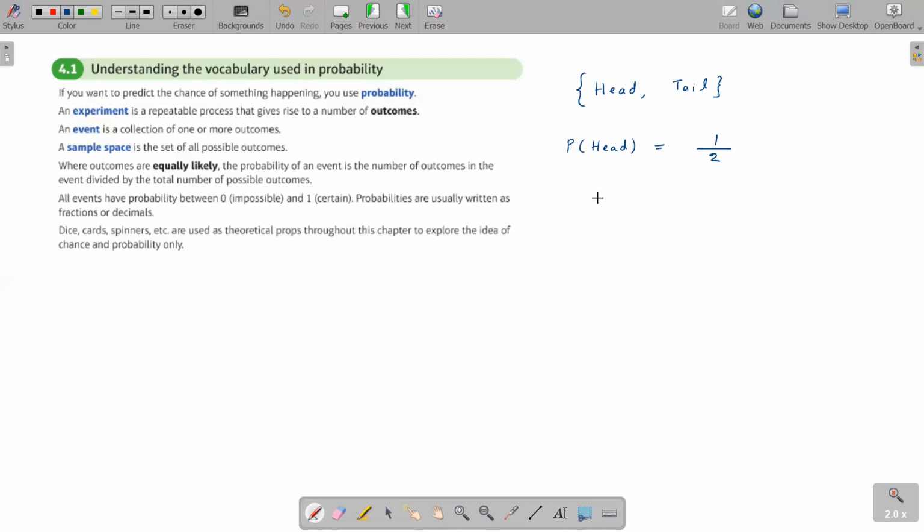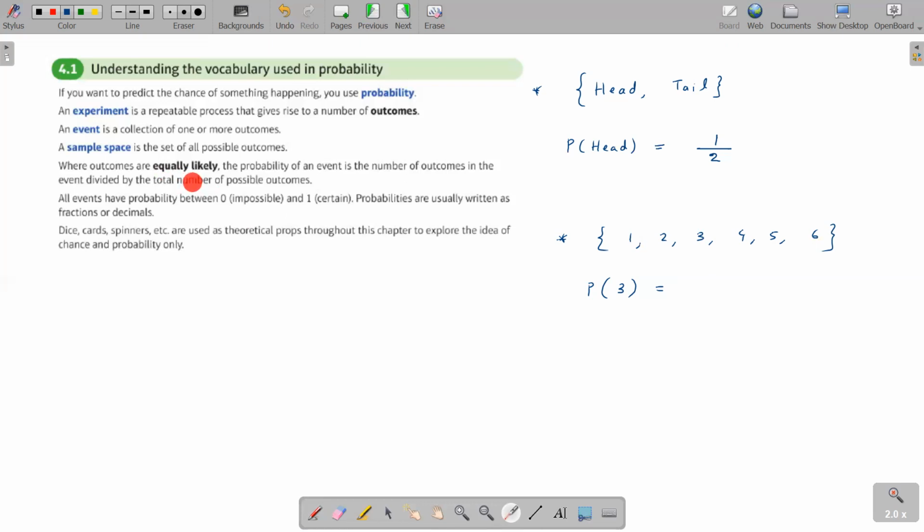Or let's say the example of a dice. In a six-sided fair dice, your outcomes are 1, 2, 3, 4, 5, and 6. What's the probability that you get, let's say, 3? In a fair dice, all the sides have an equal chance. That's why they say equally likely.